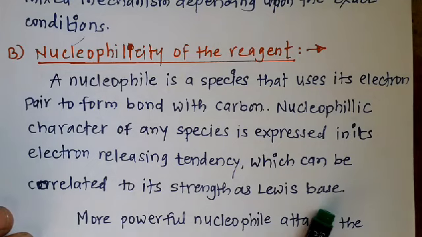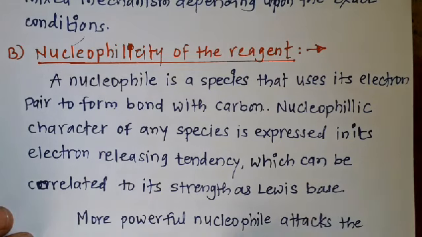But in the SN1 reaction mechanism, the nucleophile is used in the second step, because in the first step, which is the rate determining step, only the concentration of the substrate affects the rate of reaction. In the second step, the actual use of the nucleophile takes place.